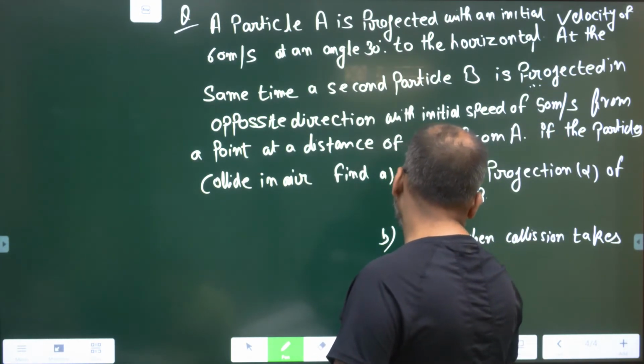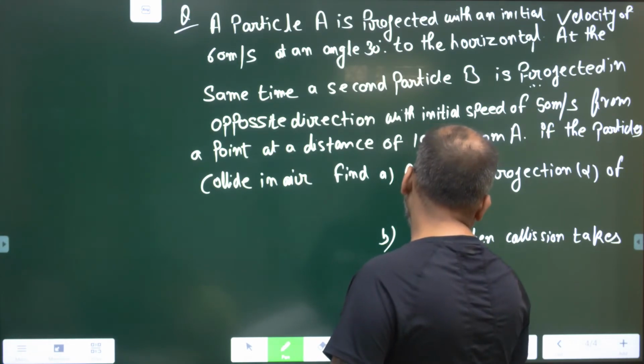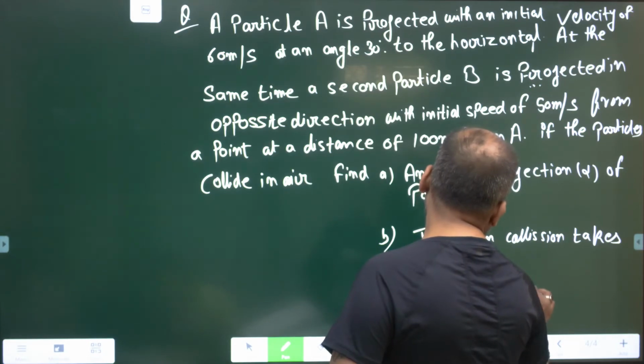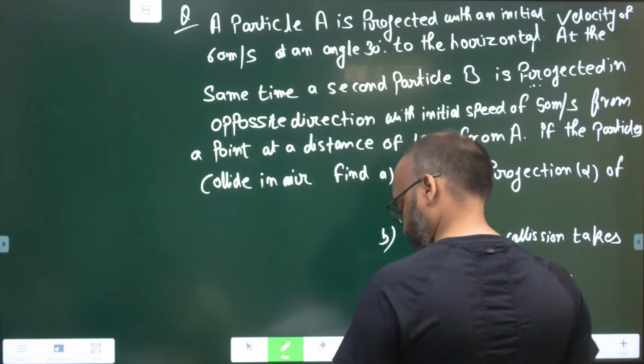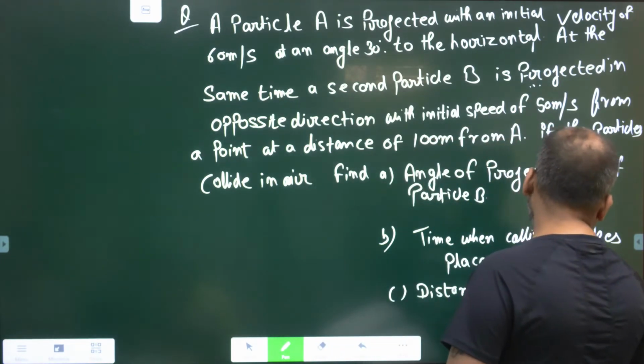C, distance of P from A where collision occurs.